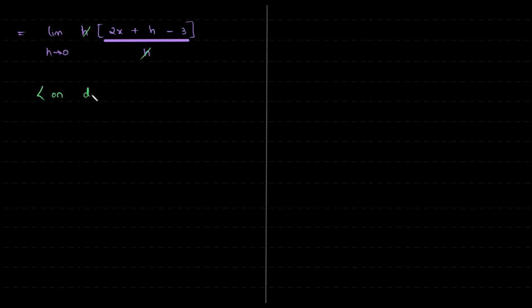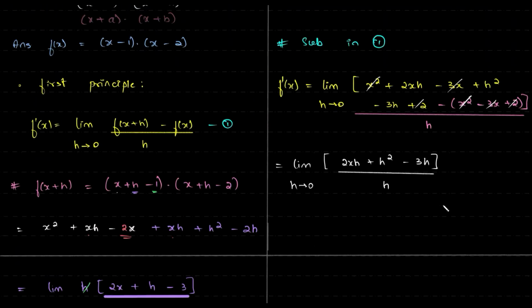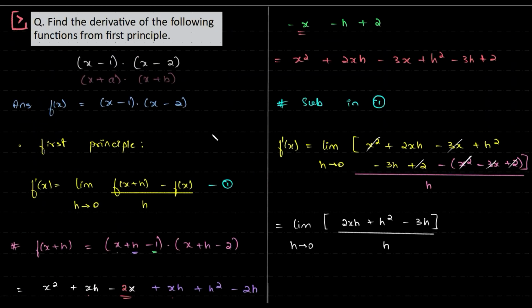Direct substitution. So what do we get? We have 2 times x plus 0 minus 3, so 2x − 3. So that would be your answer. If you guys want to verify, you can multiply this, derive that expression, and you'll get the same answer.